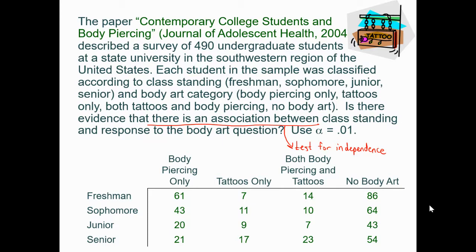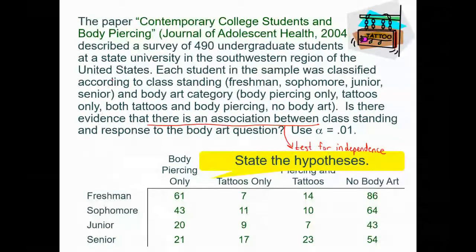Okay, so first, let's get our hypotheses. What would the null hypothesis be? What would our null be? Well, we're testing for independence. Yep, so that we could say that class standing and body art category are independent.